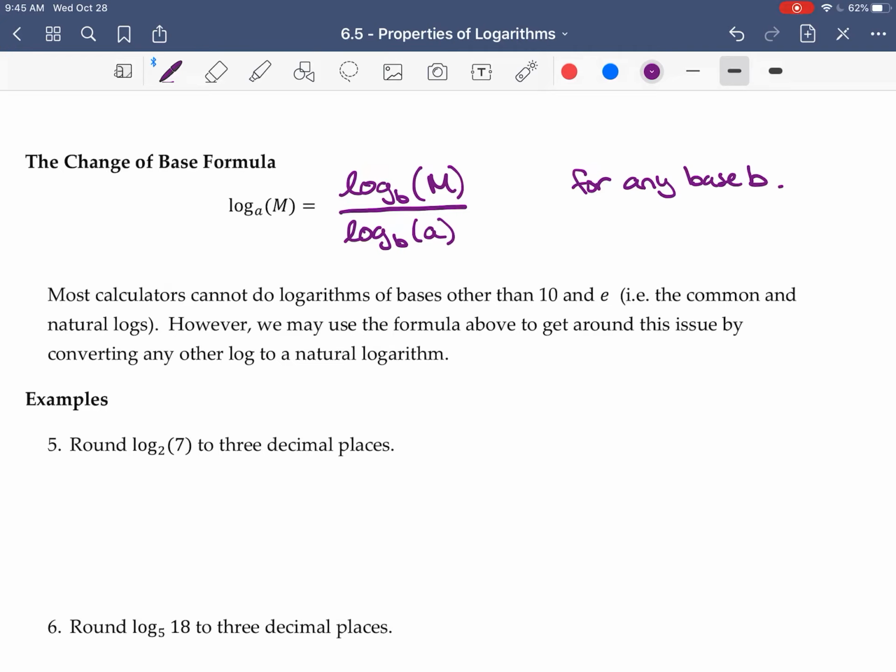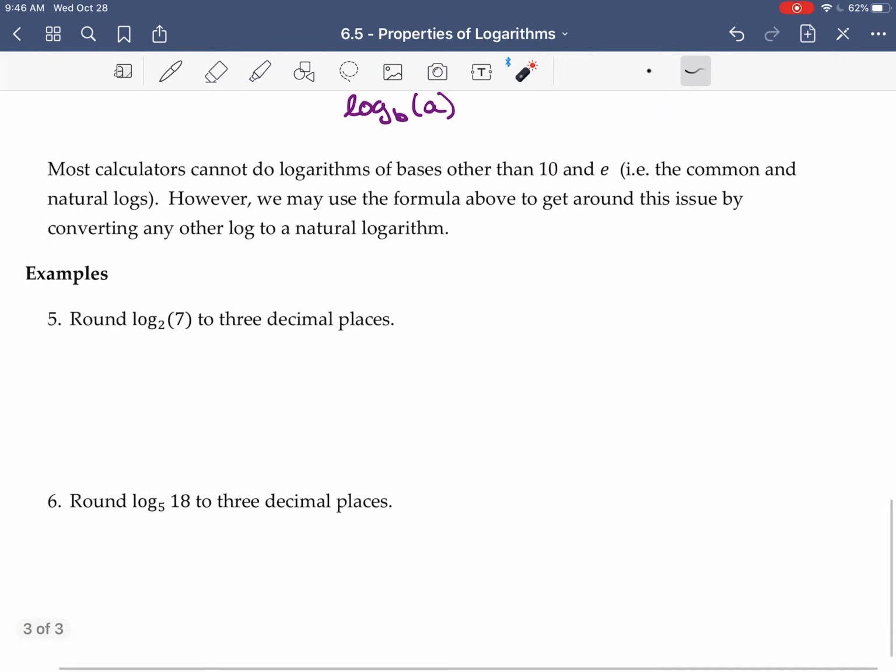That's the change of base formula. The reason this is useful is mainly to switch to base 10 and base e, so your calculator can compute them.